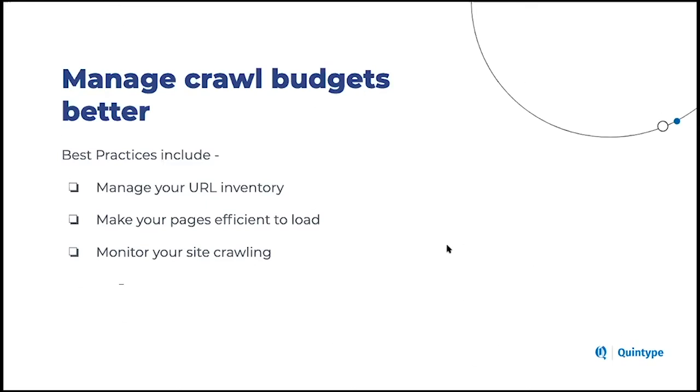The recent help document that Google released has a lot of information on how you can manage your URL inventory, which has the likes of your 404 errors or your 301 errors, or how to make your pages more efficient to load so that Google can crawl them.